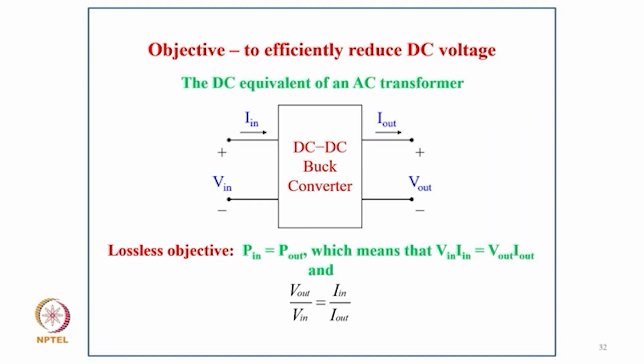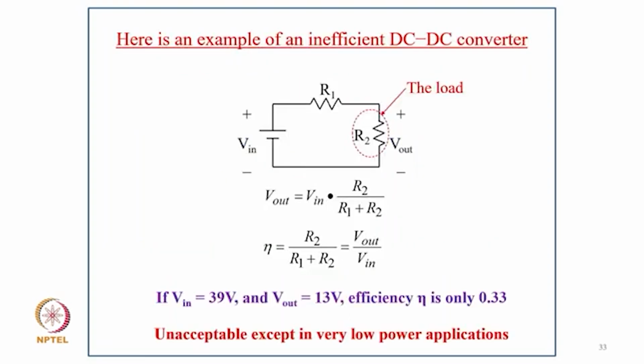Now, to effectively reduce the DC, the DC equivalent of this DC-DC buck converter is similar to an AC transformer, which we consider lossless, as ideal. So Pin equals Pout, which means Vin Iin equals Vout Iout, which becomes Vout upon Vin equal to Iin upon Iout, similar to a transformer.